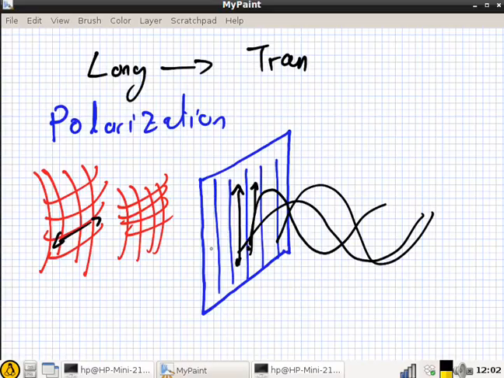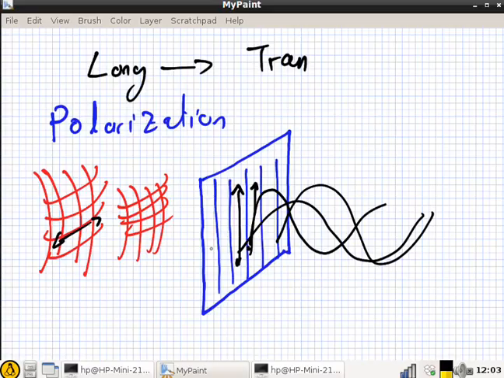When it hits this filter, all the movement that was horizontal like this cannot pass through. But all the movement that was vertical is allowed to go through. So the result is, for the wave, it destroys all the horizontal and leaves me with only the vertical movement. So it takes the longitudinal wave like this, it passes through, it cuts out the horizontal and leaves me just with vertical going up and down.